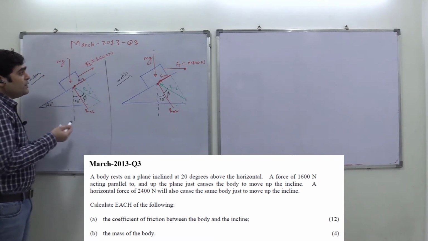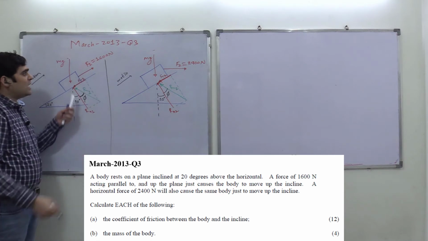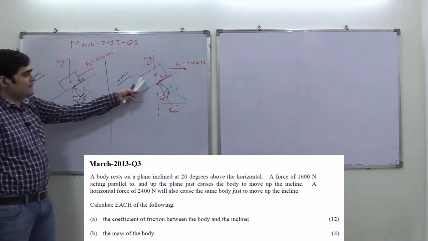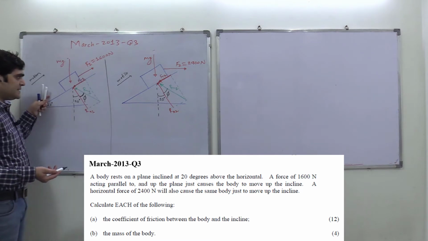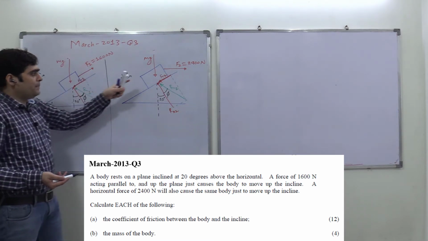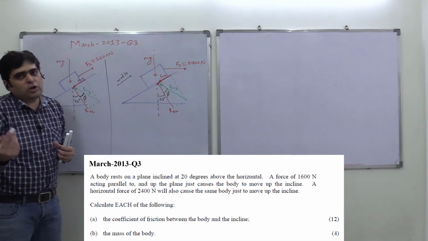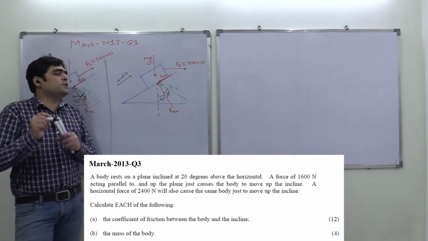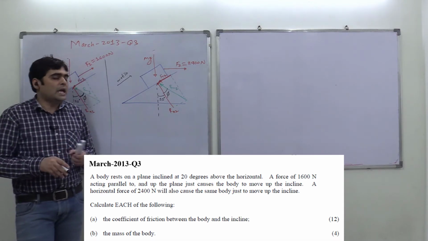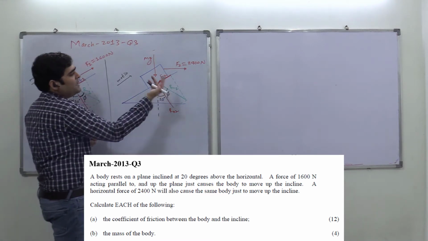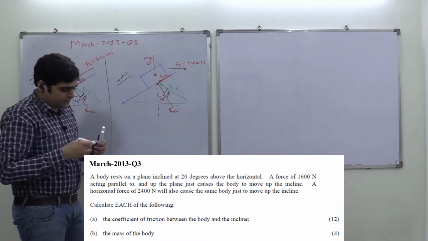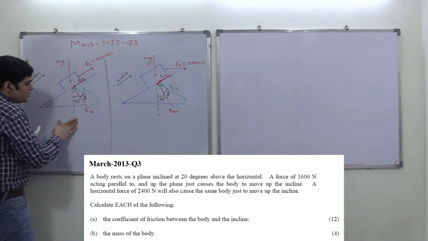Because mu is the same. The object is not changing. Whatever the body is here, the same body is here also. The plane is the same, the body is the same. So mu will not change. If mu, the coefficient of friction, will not change, then the angle of friction will not change. So whatever the phi, the same phi will be here. Okay, guys, are you getting my point? So in both the scenarios, phi is the same.